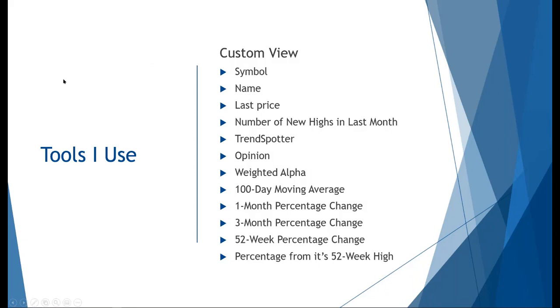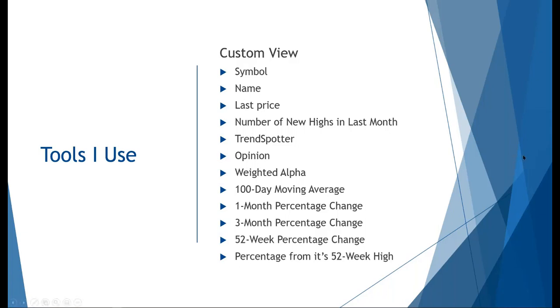Okay, first off, you have to have a way to monitor your data. And I said, well, what is the information I need to know every day when I click on the Barchart? Okay, first I want to know the symbol, the name, and the last price. Then, because I want to know, is it moving now, I want to know the number of new highs in the last month.